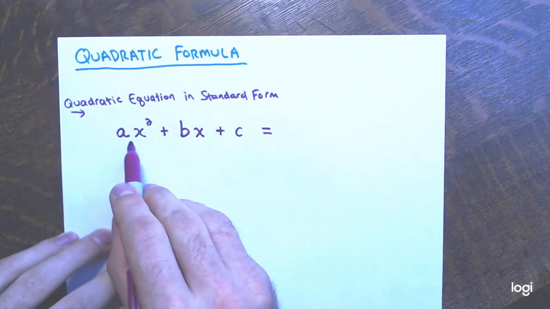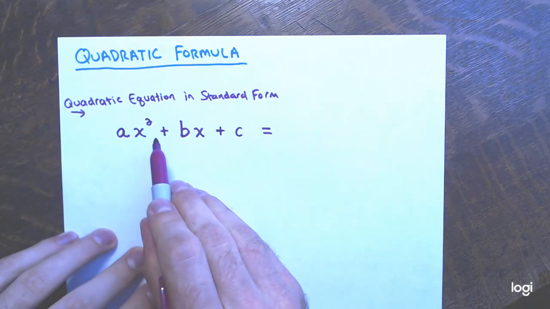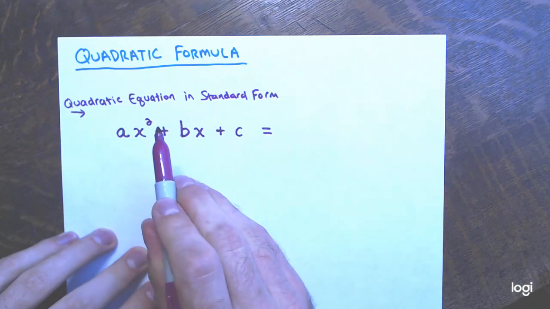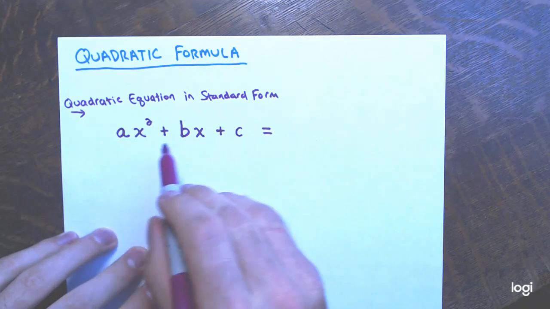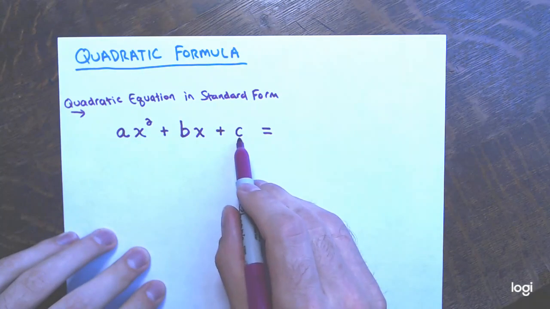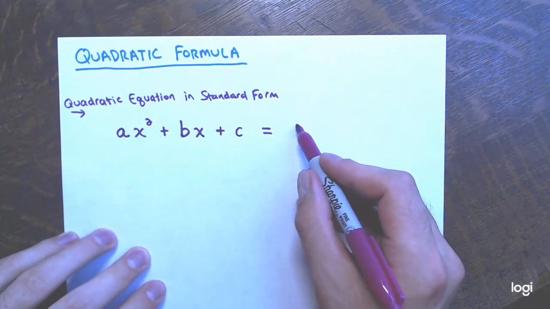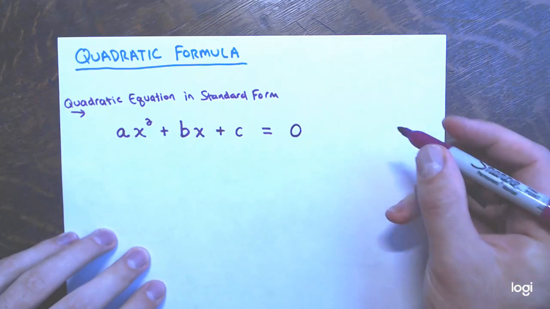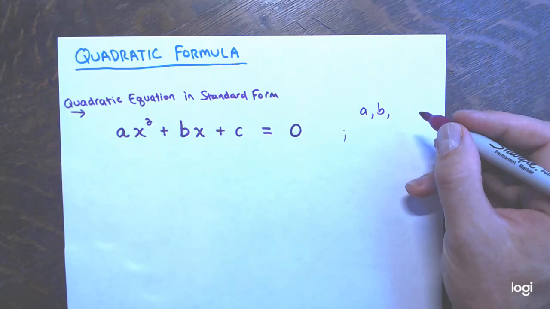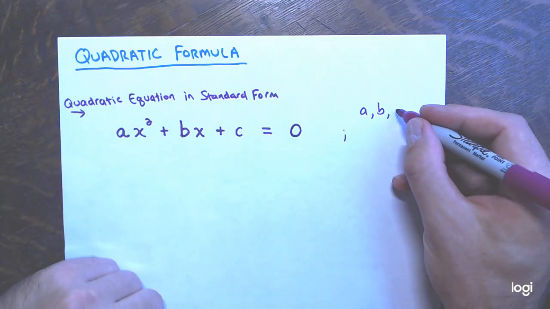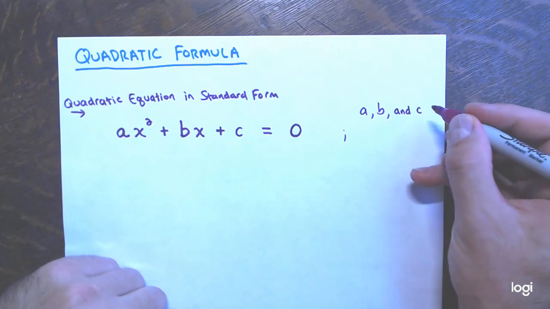So I have my quadratic polynomial in descending order. You have the second power term, then the first power term, then no power of x. Quadratic polynomial in descending order on one side equals 0 on the other. And as I mentioned, little a, b, and c are real numbers.